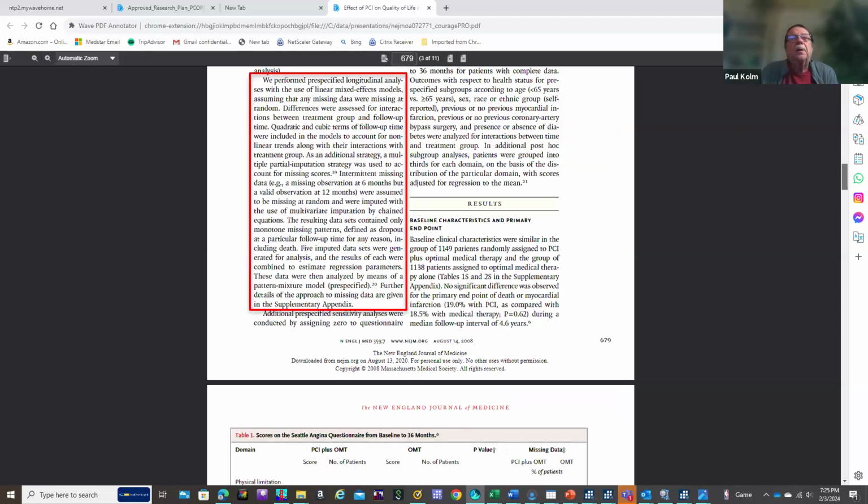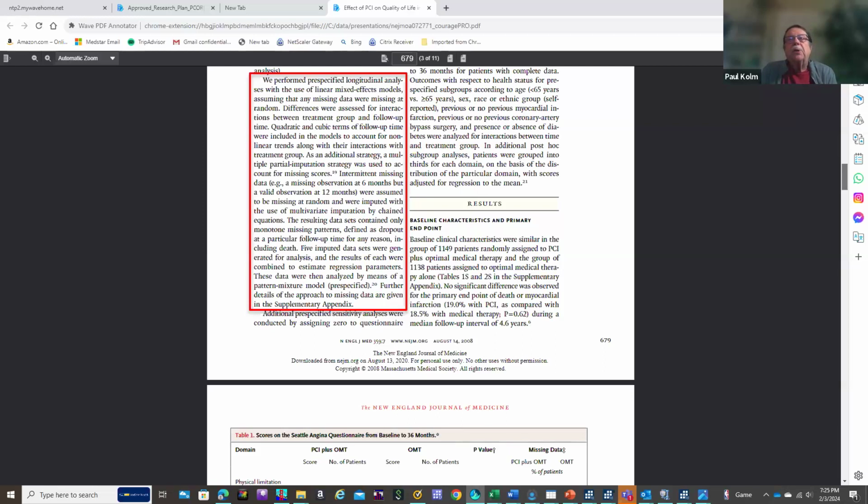The statistical analysis that we did here is pretty involved. I just want to look at some highlights here. So our main analysis was a longitudinal analysis where we looked at quality of life responses over time at baseline, then I think 3, 6, 12, 24 months, and so on.